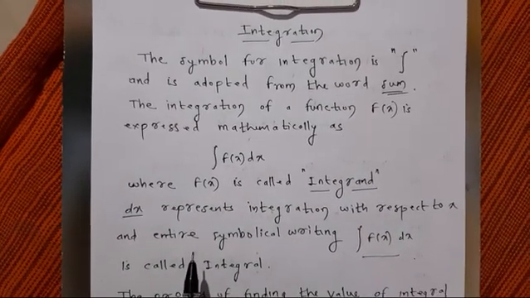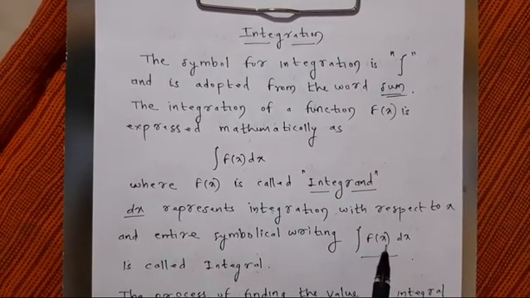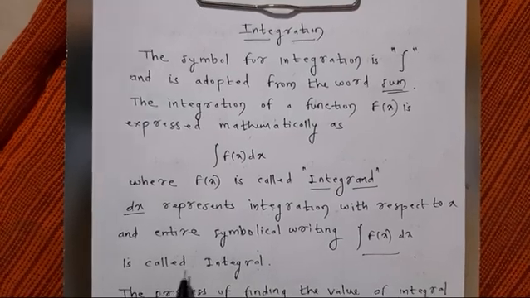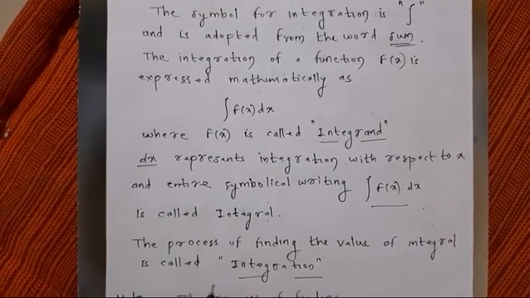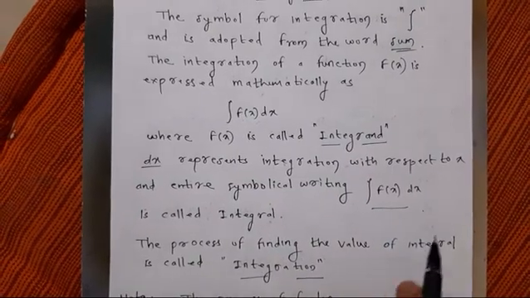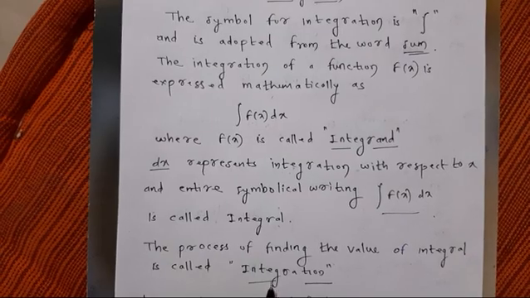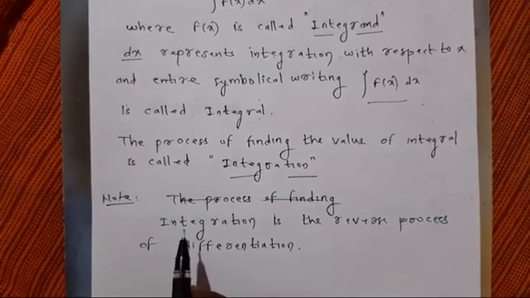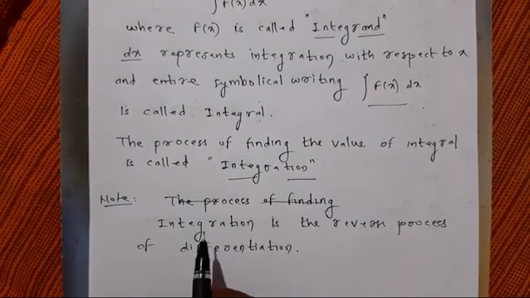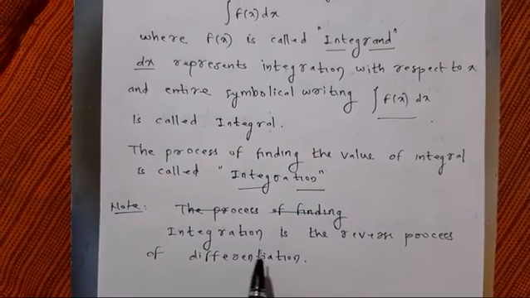Entirely, we can say integration of f of x into dx is an integral, and the process of finding the value of the integral is called integration. Here is one important note: integration is the reverse process of differentiation.